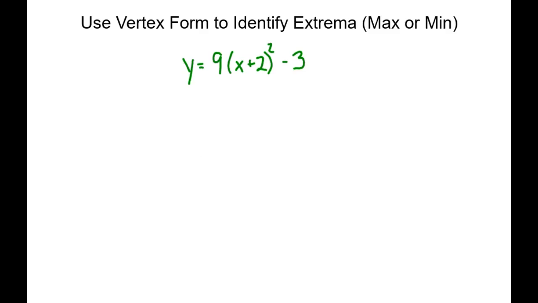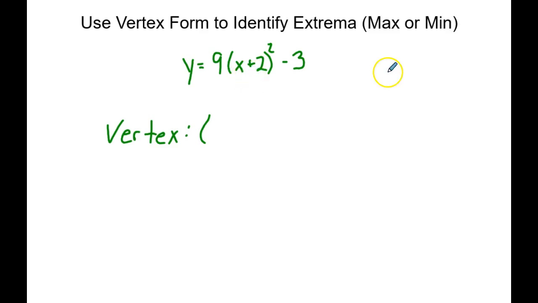In the next example, we have y equals 9 times the quantity of x plus 2 squared minus 3. So again, the first thing we want to do is identify the vertex. Then we'll look at the value of a to determine whether or not this is going to be a maximum or a minimum value. So first of all, our x coordinate, the h value, is a little bit tricky. This is a part that gets confusing.